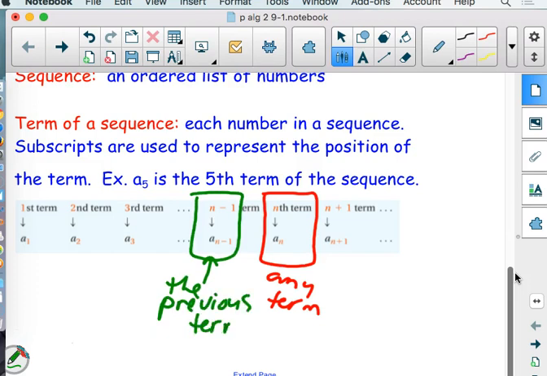Previous means before. So when we see a sub n minus 1, we say, hang on a second, that means back up 1. Oh, that's the previous term, the one right before any term. If a sub n means any term, a sub n minus 1 means the one before, the previous term. What do you suppose a sub n plus 1 means? The next term, exactly.